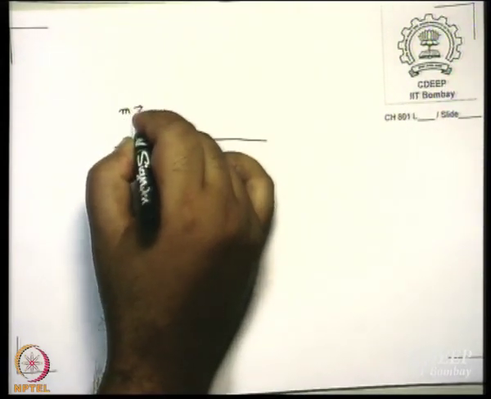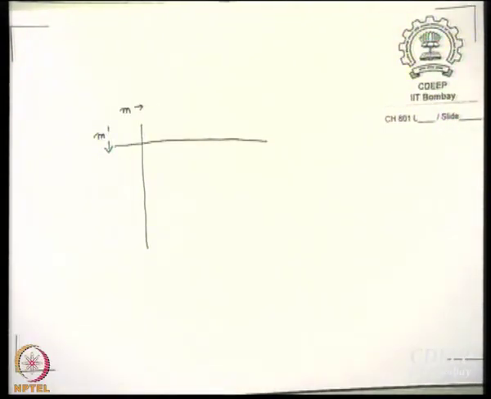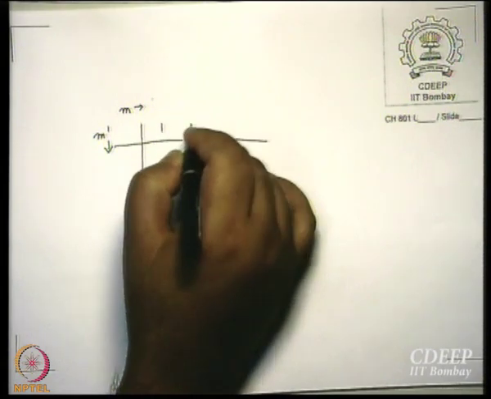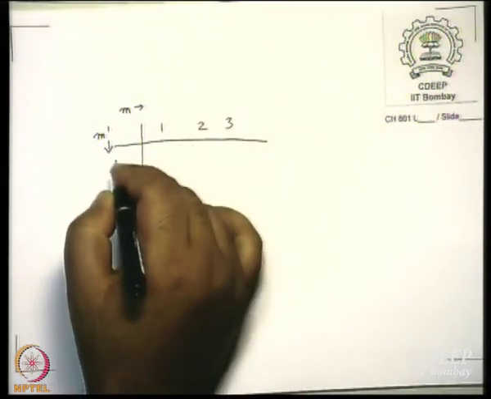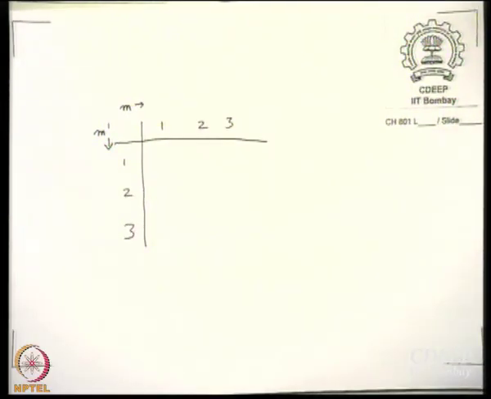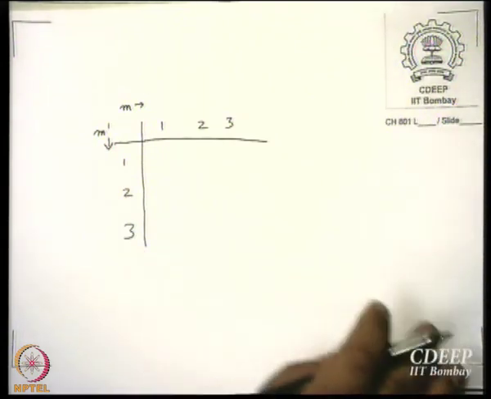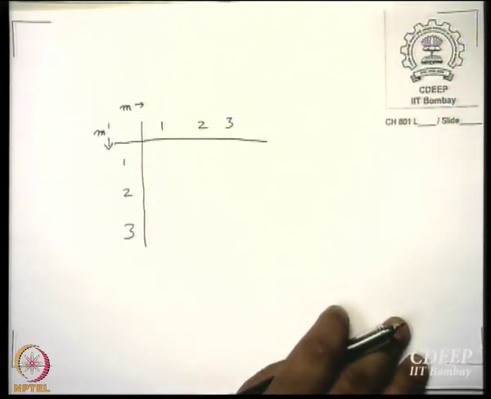Let us say I will write all the m values here and all the m dash values here, and once again I want to work with 3 values of m, let us say Li equal to 3: 1, 2, 3. So m equal to 1, 2, 3, m dashed equal to 1, 2, 3. So first I want to work out the products and then I add them. It is easier for me to do it if I look at it in a table.